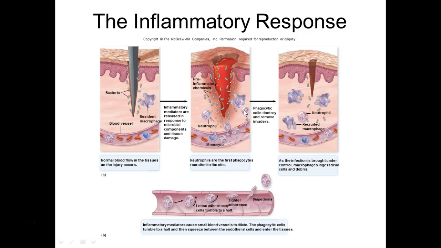You're going to get neutrophils heading to the area, and as I said, they only travel into the tissue when we have inflammation, when they're called there. You're going to have additional macrophages that are going to head to the area. They're called monocytes when they're in your blood, and then they differentiate to the cell type we know as a macrophage when they're in your tissues. Again, big eaters.